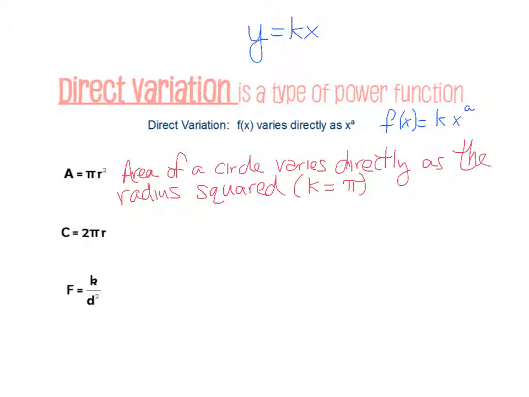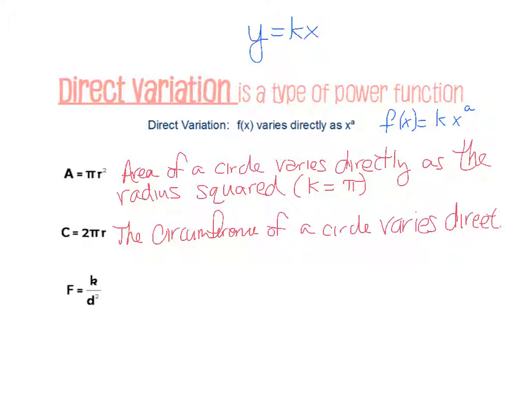Let's try another one. Write the statement of variation. This one, again, is very similar to the previous. It has to do with a circle. It's a circumference. You'd say the circumference of a circle varies directly or proportionally as, and then we have to look at this and say, what's the variable, what's the constant? 2 is a constant, it's just a number.